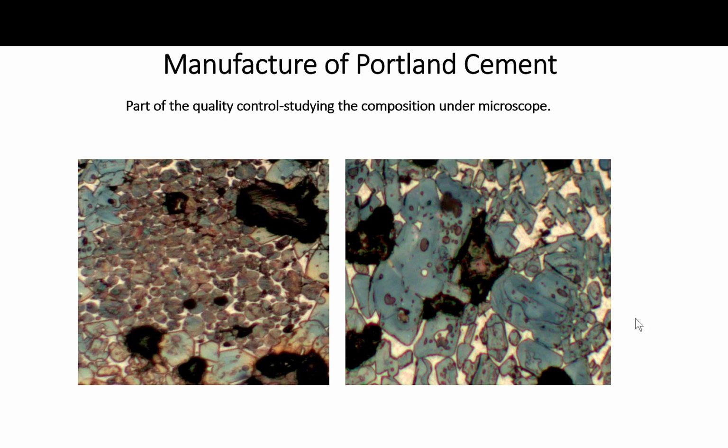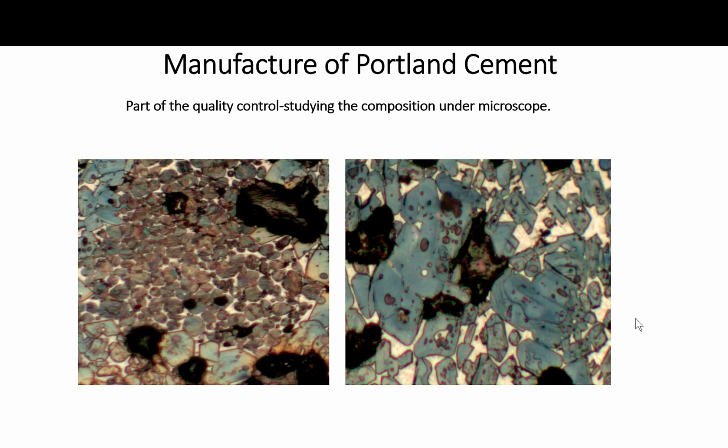Here are some micrographs of how clinker looks under a powerful light microscope. These clinker samples have been cut, polished, and etched with certain materials, which color different phases with different colors in order to be able to view them under the microscope.